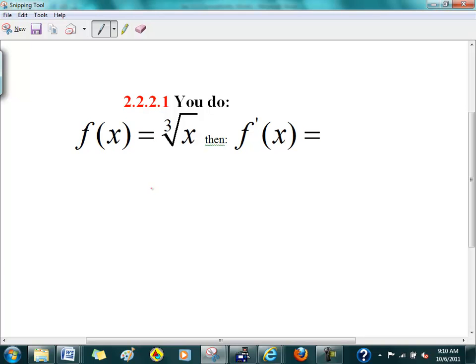Okay, so Leila, you are telling me that you want to rewrite this as x to the 1/3. And so this guy would become? Give me the intermediate step. 1/3 times x to the negative 2/3. Okay, nice. And then that would be 1 over 3 times the cube root of x squared. Fantastic. Good job, girl.